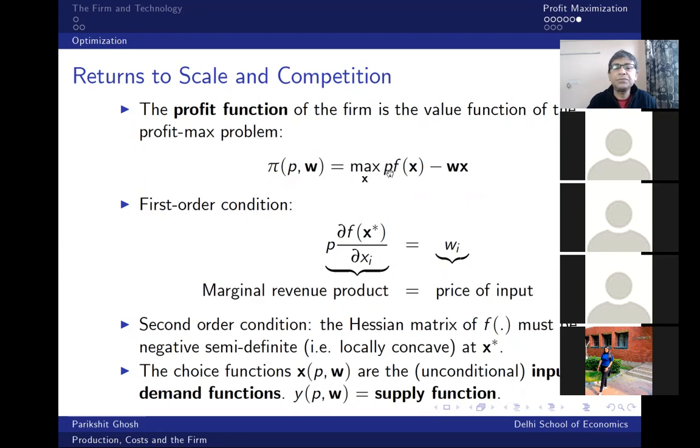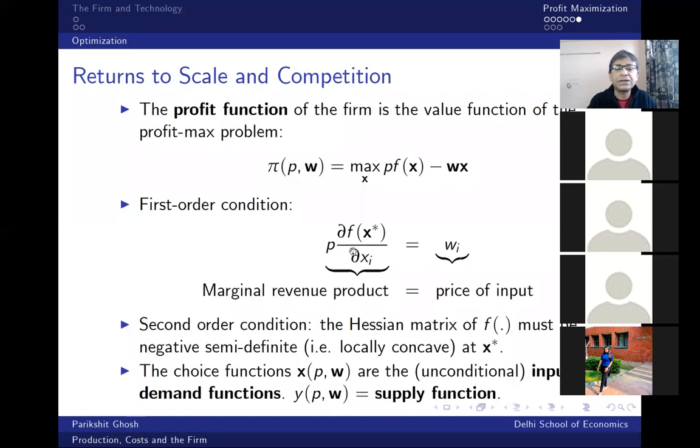From the first term, we get p, that's a parameter, times the marginal product of input i, which is ∂f/∂x_i. That should equal w_i, the price of the ith input. This can be stated as marginal revenue product equal to price. This is called marginal revenue product.